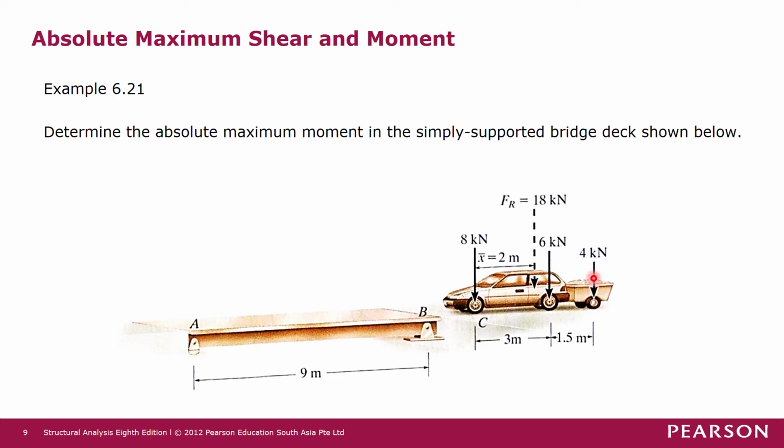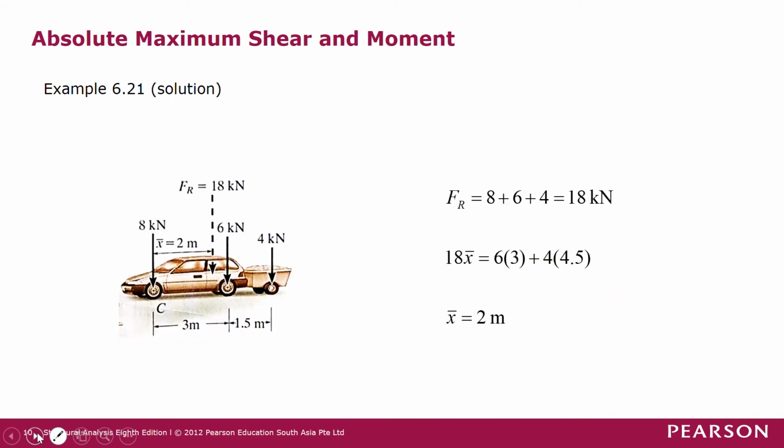First of all, to solve this problem, we have to find out where the resultant force of all these three forces is. In this case, we are using point C as our reference point. The 8 kilonewton force passes through point C, so the moment caused by the 8 kilonewton force is 0.